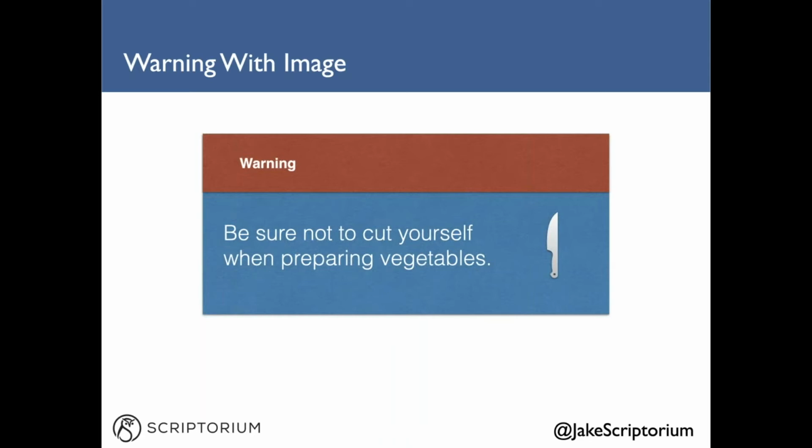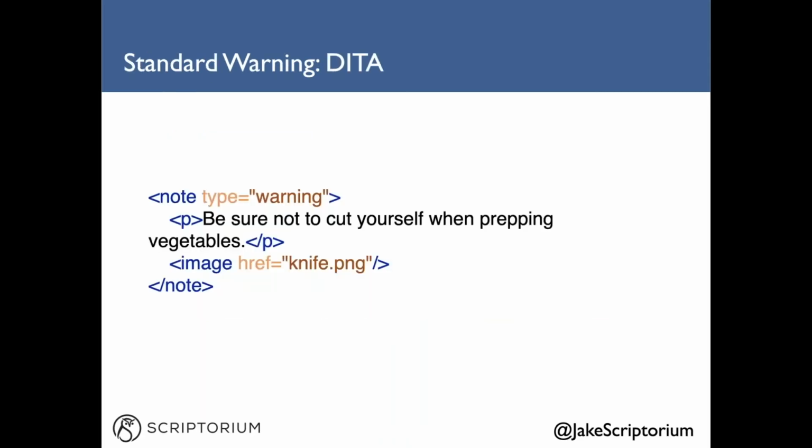Either we need to set up that paragraph style to accommodate the space, or have a specific object style for that knife image in order to make sure that that text wraps around it instead of over it. And, still, we can put this in DITA, and this is probably what it would look like. It's pretty much the same, except now we've got an image element in there that points to the knife.